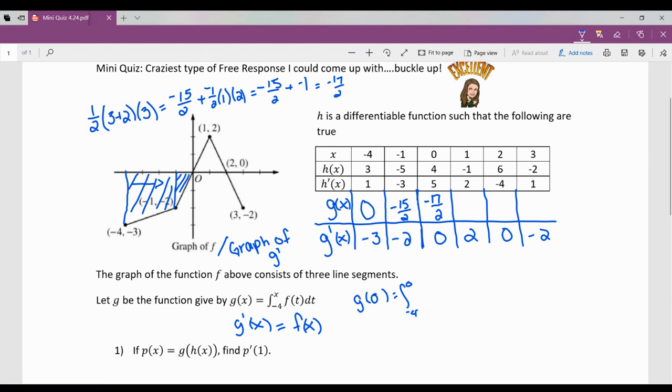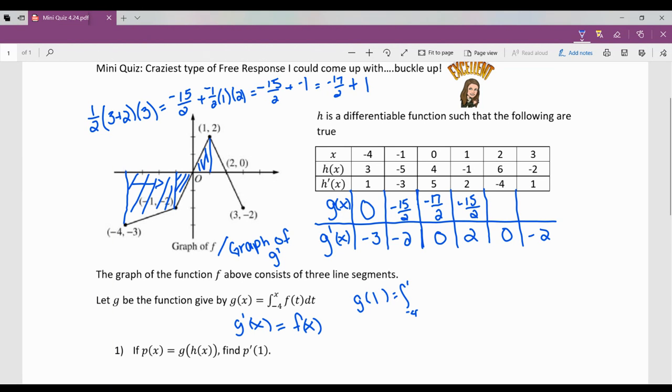All right. Then we keep going on with this. For the area under the curve from -4 to 1 is my next one. So then we do this triangle, and we add to it 1 because the area of that triangle is 1. So it's going to be again -15 over 2.